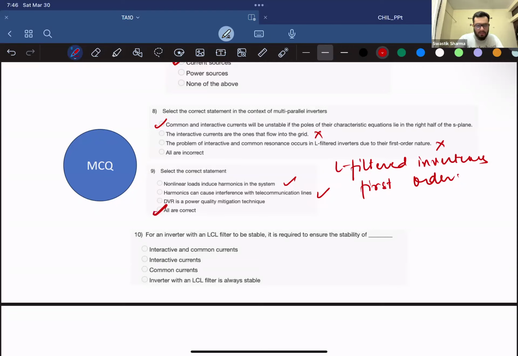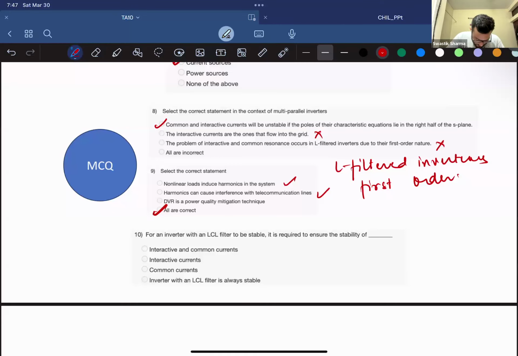So all are correct. Since it's a dynamic voltage restorer, you are trying to check if your voltage sags as well.